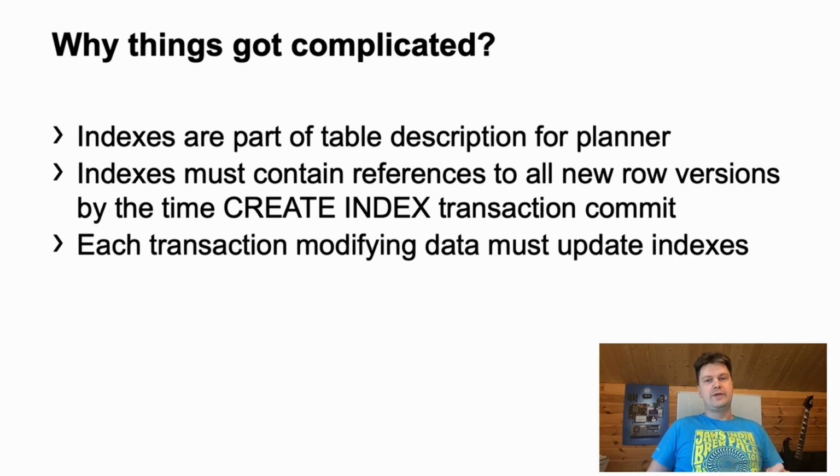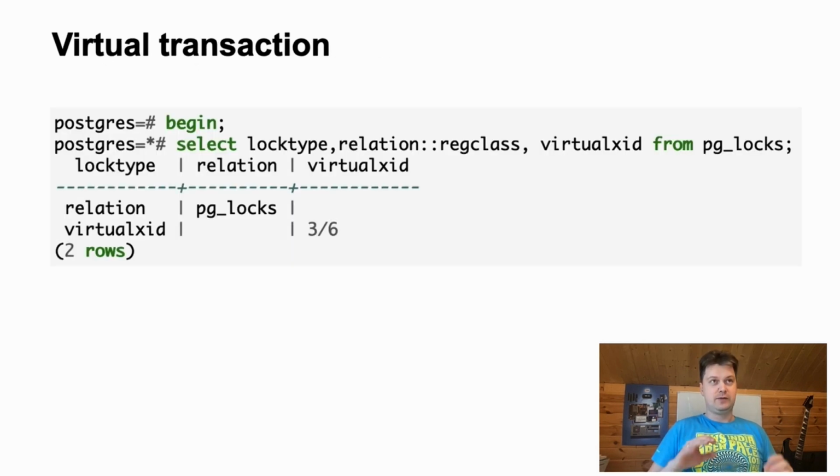To go further, we need to enumerate the different kinds of transactions that we have. When you are connecting to a database and start querying, you get a so-called virtual transaction, which is a kind of transaction that is not making any persistent change to the data.